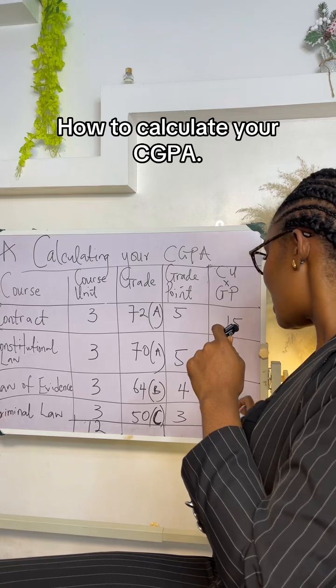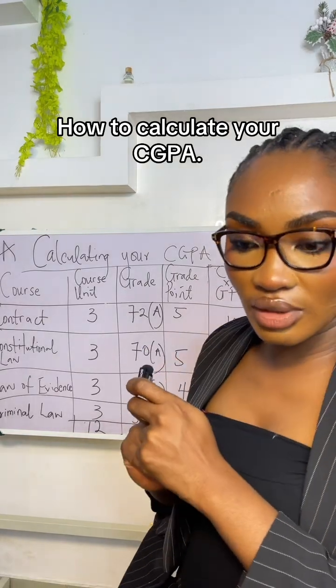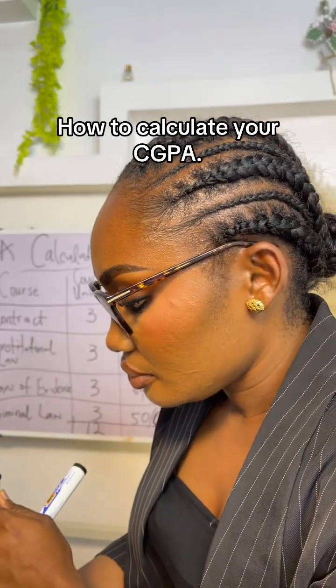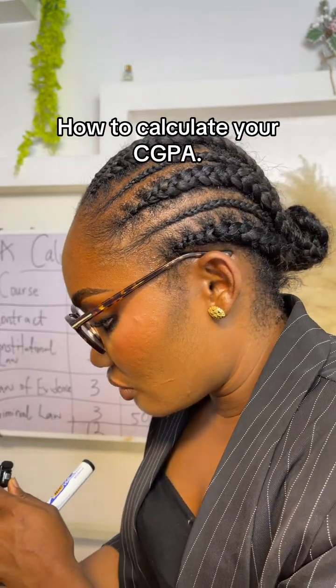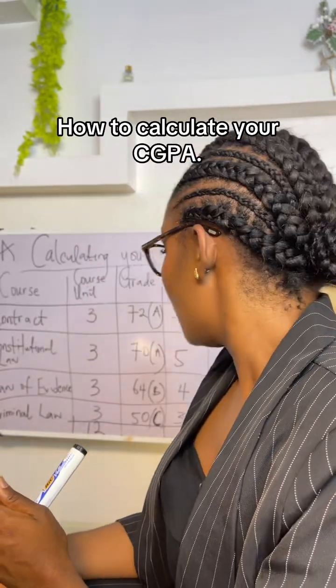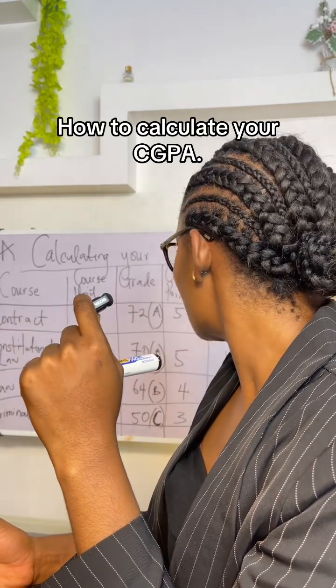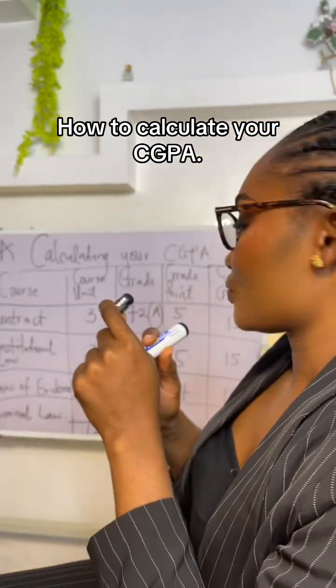Let me use my calculator and be sure. So we have 30 plus 12 plus 9, that's 51.